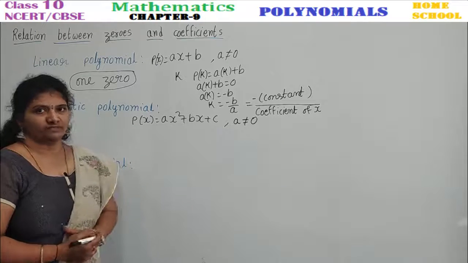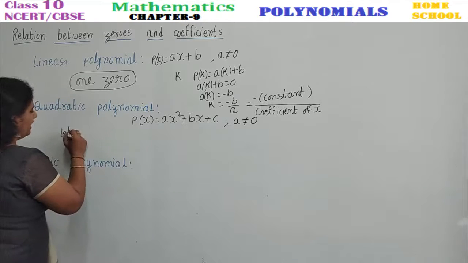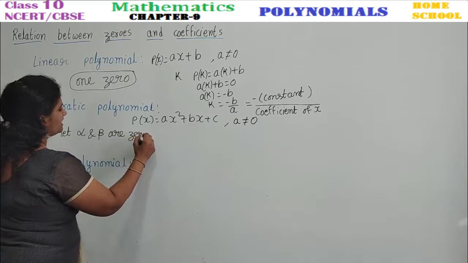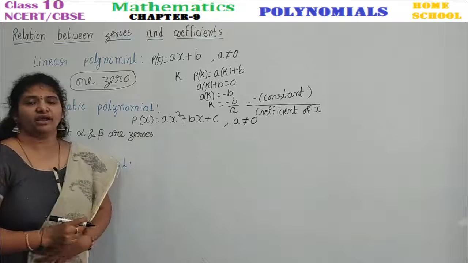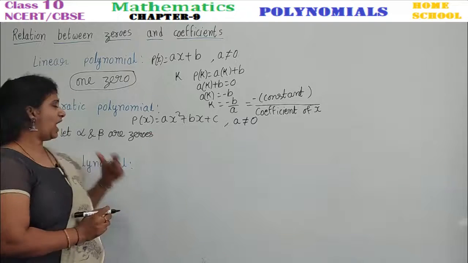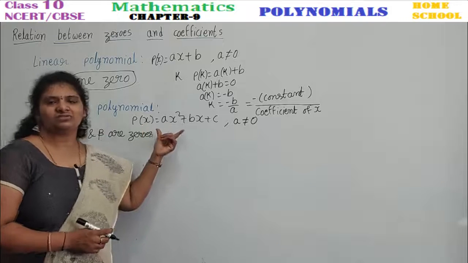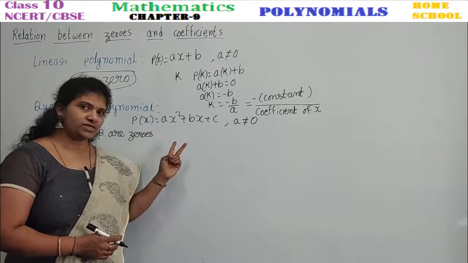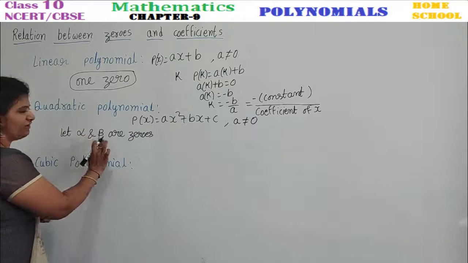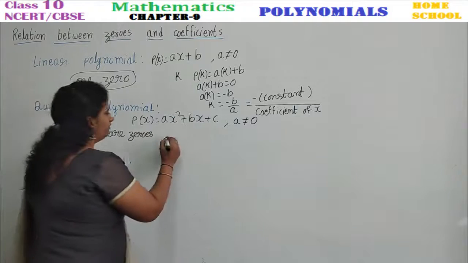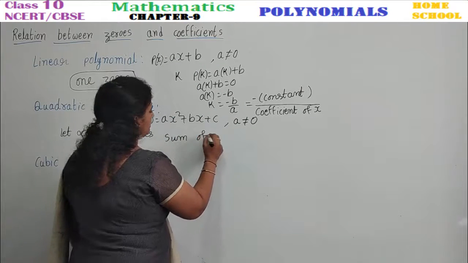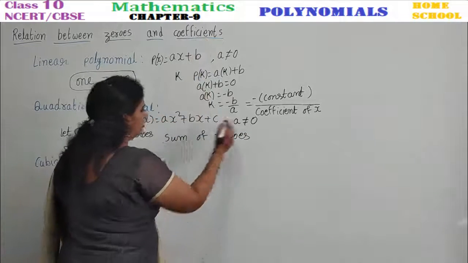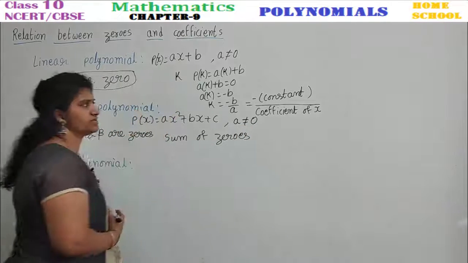Here there are two roots. Let us assume, children, let alpha and beta be the zeros of the polynomial. How can we get these zeros? In this quadratic polynomial, we are going to get two zeros, right? Those two zeros, let us assume as alpha and beta. Now, sum of zeros. You need to know about the relation between zeros and coefficient, no? So, sum of zeros.